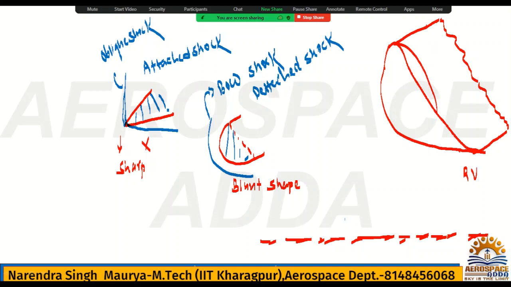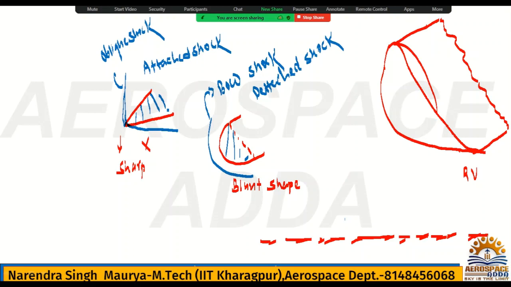So why make a blunt shape for the space shuttle or any mission? Because of the velocity a shock will be formed, that is true, but if it is a detached shock, it will give you a benefit.